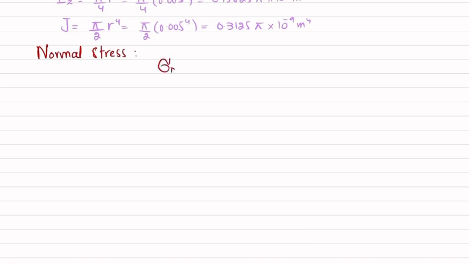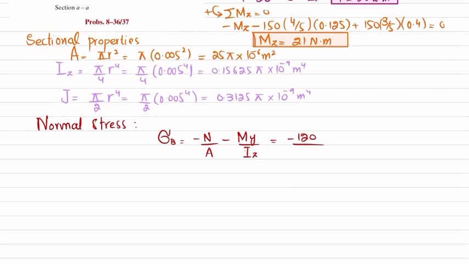at point B, equal to minus N divided by A, the stress due to axial load, minus M into Y divided by Iz. N is calculated as 120, so minus 120 divided by the area shown over here, 25 pi into 10 raised to power minus 6, minus the moment Mz, which is 21.